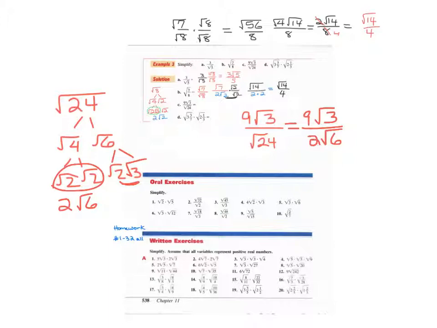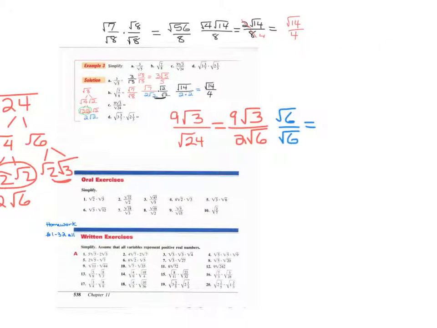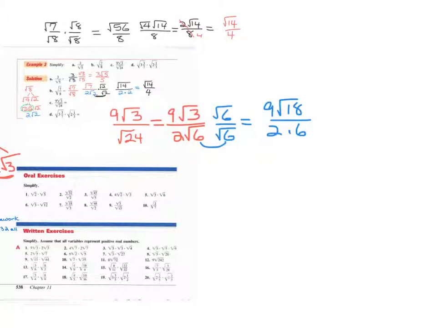Now I need to rationalize. So I'm going to multiply the top and the bottom by the square root of 6. And then now I get 9 square root 18. And then the pair of 6's come out as a 6. And then now I can go ahead and multiply and simplify.